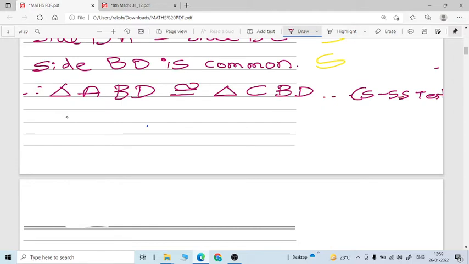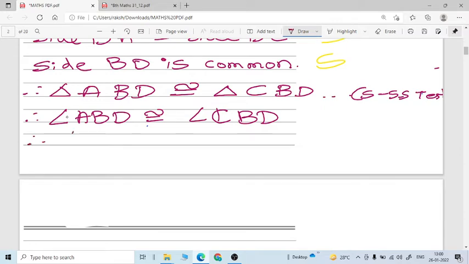Okay, SSS test. Next, angle ABD is congruent to angle CBD.